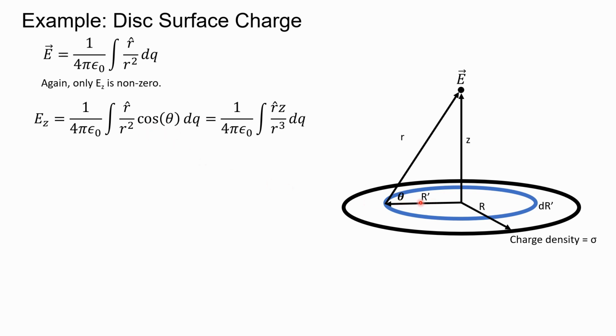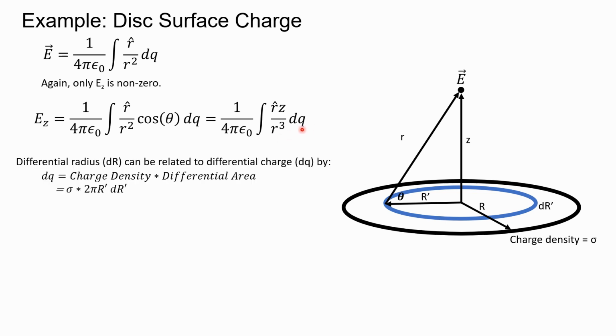So because r prime changes as we integrate out in radius, theta, which is going to be equal to z divided by r, changes as well. So if we write cosine of theta using trigonometry as z divided by r, we can write this integral as 1 over 4 pi epsilon naught, the integral of r hat, our unit vector, z divided by r cubed dq.